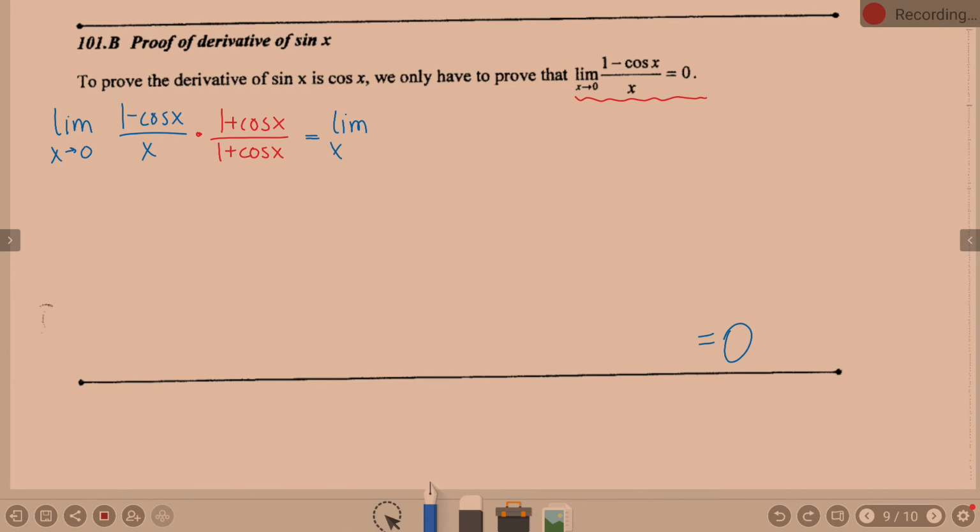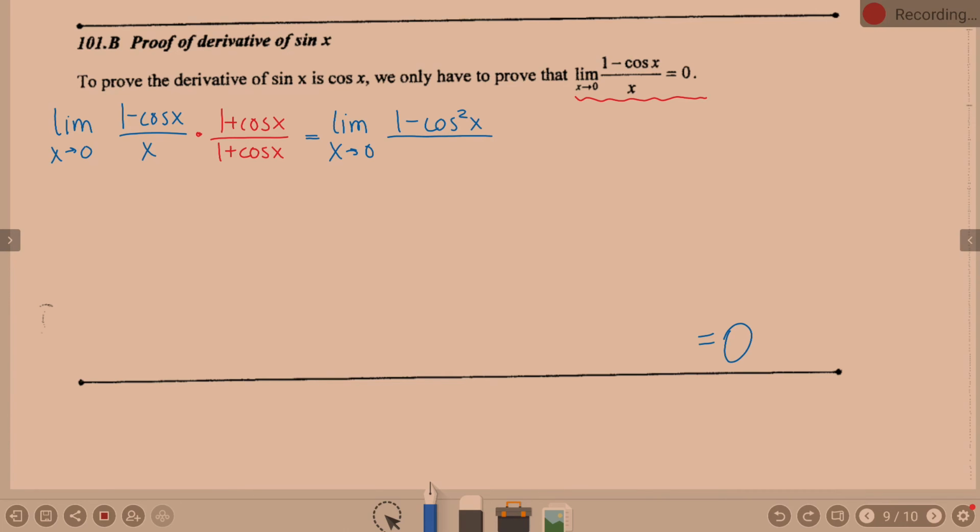So I'm now going to have, notice I'm going to rewrite limit every time, because that's officially what I should do. On top, what is 1 minus cosine x times 1 plus cosine x? Cosine squared x plus 1? Not quite. 1 minus cosine squared x.